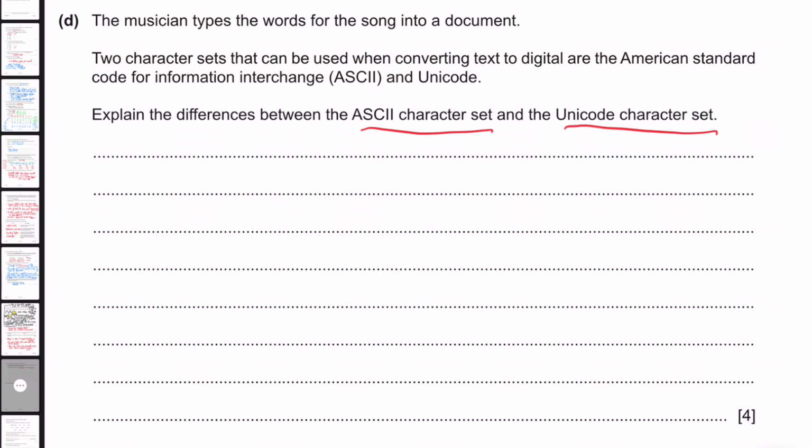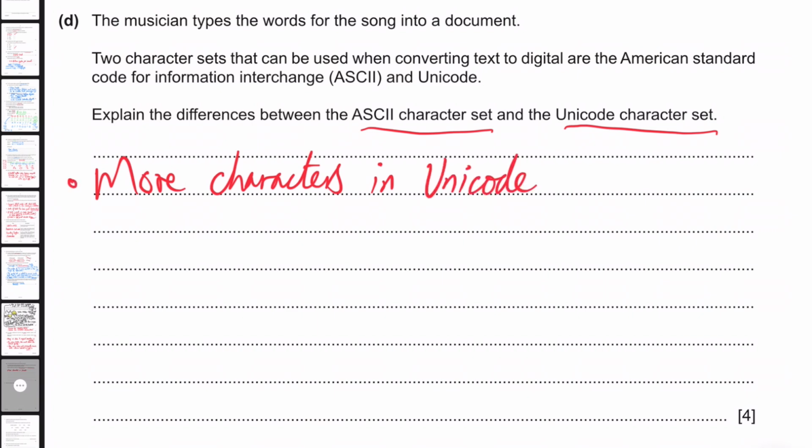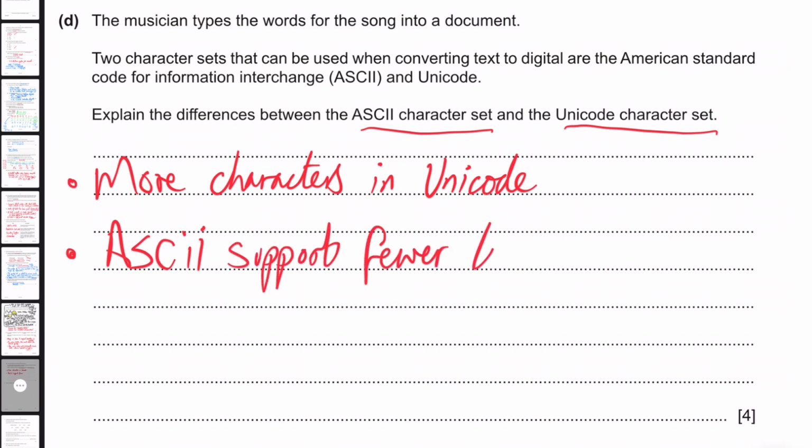There are more characters in the Unicode character set. More characters in Unicode. Okay, that's worth 1 mark, I would have thought. So we need 4 marks. What else can we think of? With this in mind, because there are fewer characters, ASCII supports fewer languages.